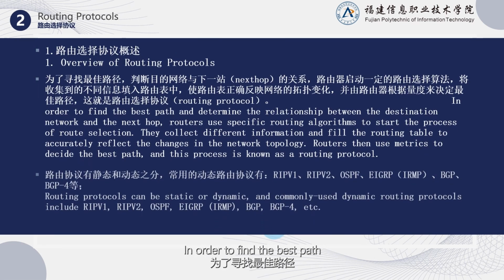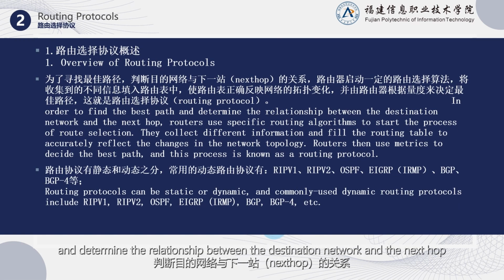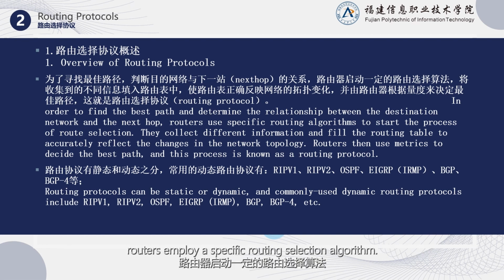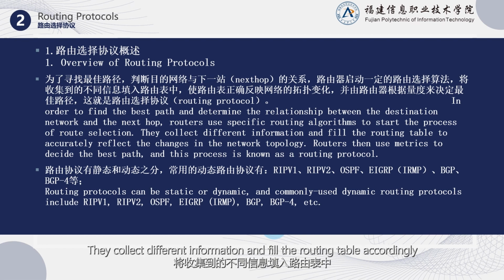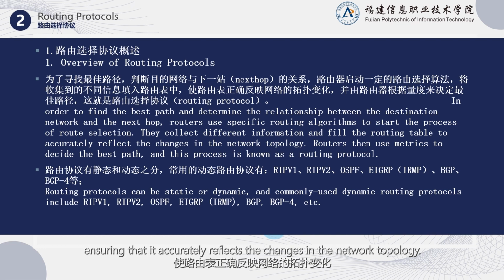In order to find the best path and determine the relationship between the destination network and the next hop, routers employ a specific routing selection algorithm. They collect different information and fill the routing table accordingly, ensuring that it accurately reflects the changes in the network topology.